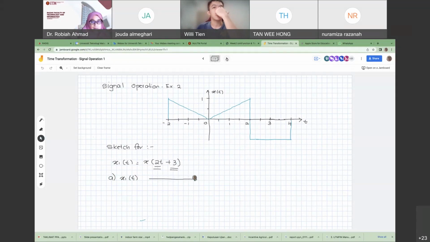So first, let's say you want to do the scaling first. Time scaling, I put it time scaling.